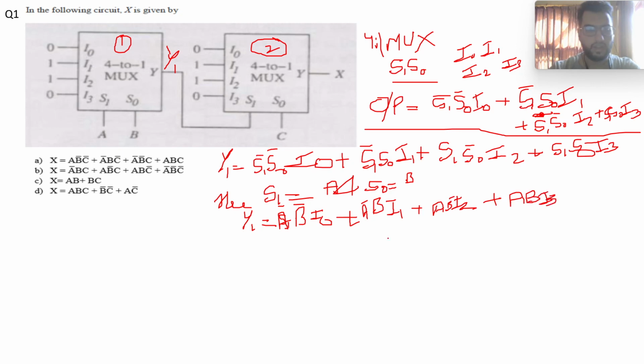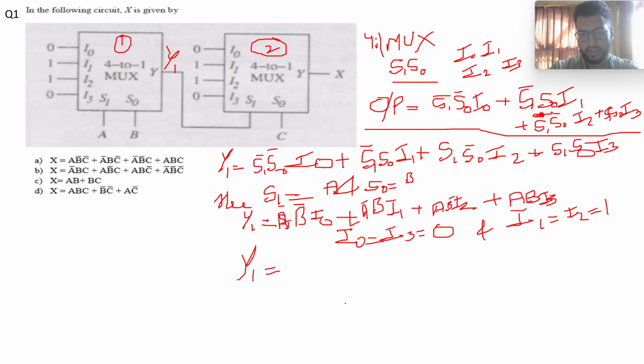Now what we have here is I0 and I3 equal to 0, so I0 is connected to ground and I3 is also connected to ground. Also I1 equal to I2 equal to 1, as you can see here. So my final expression for Y1 will reduce to only two terms: A bar B plus A B bar. As you can see, using this 4:1 mux, we were able to construct this expression A bar B plus A B bar, and if you remember, this is simply the expression for an XOR gate.